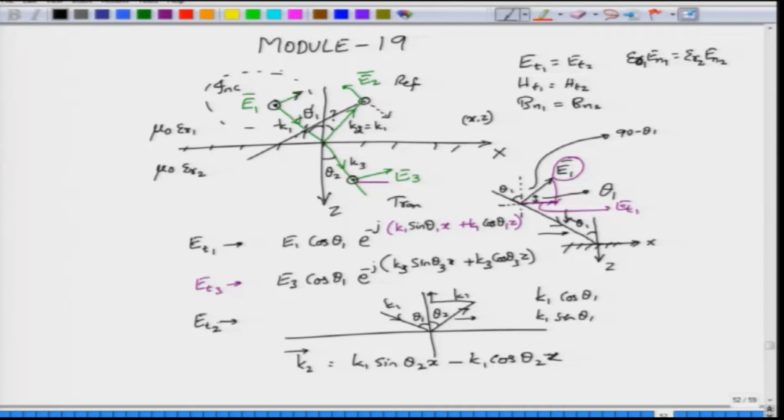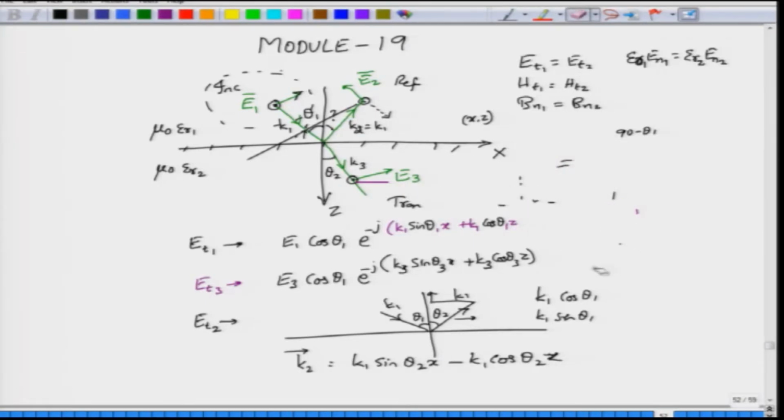Okay. So, I can write down ET2, which is the tangential electric field. What is the amplitude of the tangential electric field? Well, you have to again rewrite this picture and then determine the corresponding amplitude. So, let us put down the amplitude here. The picture I am looking at is when the electric field is making this angle theta 2.